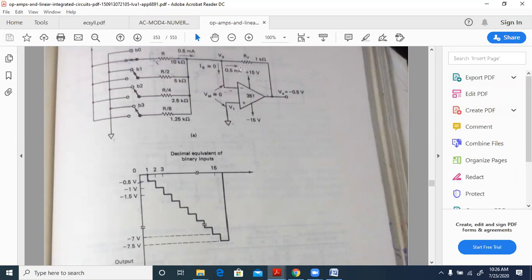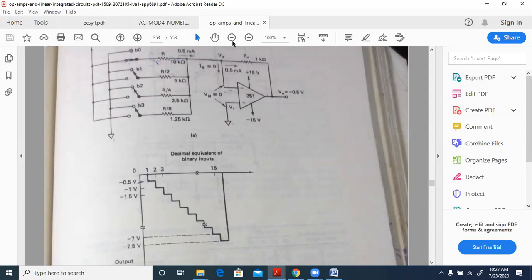So that value 0.5 will be multiplied with this, and we'll get a negative value because this is an inverting amplifier. So that is 0.5 milliamperes into 1 kilo ohm multiplied by -1, which will give minus 0.5.